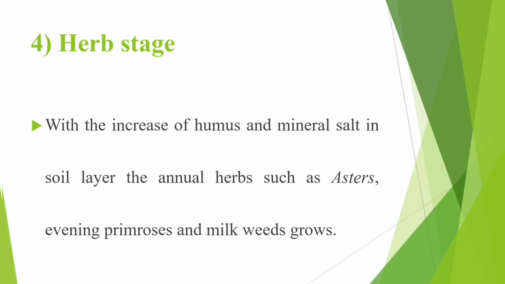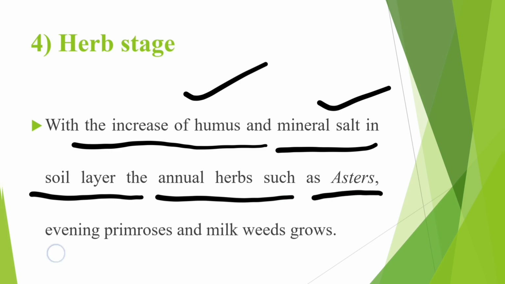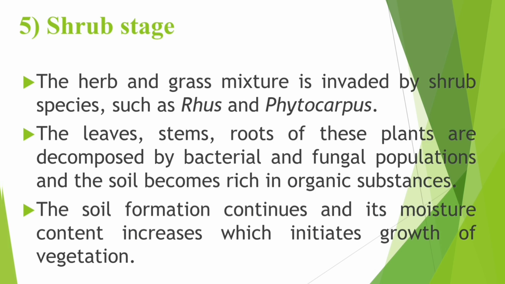Next is the herb stage. With the increase of humus and mineral salt in the soil layer, annual herbs such as aster, evening primrose and milkweeds grow. These are herbaceous plants, and apart from these, many other herbs also appear. So after the moss stage, herbs appear on that land. Next, the shrub stage.